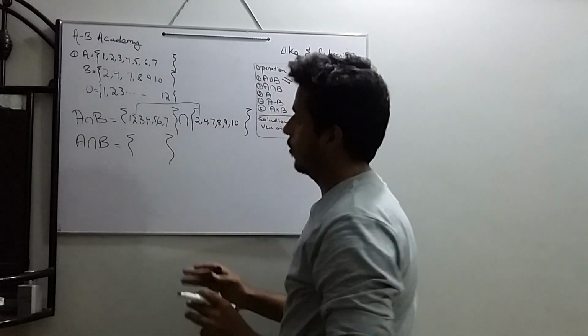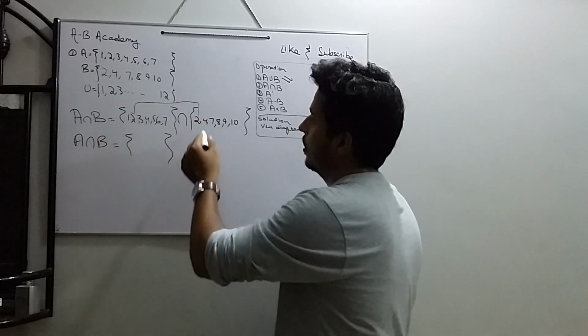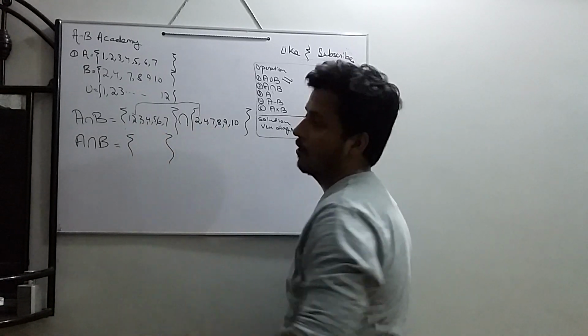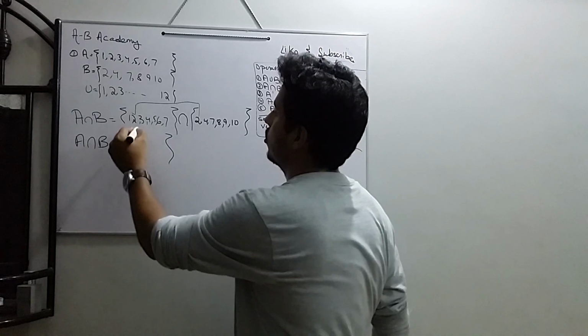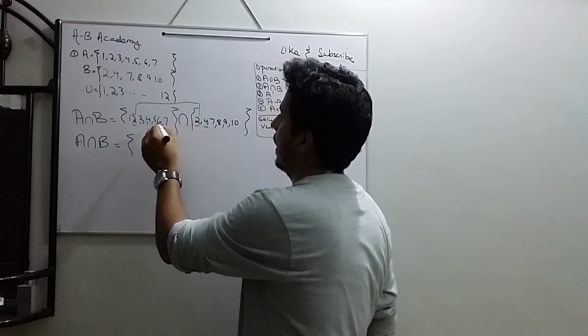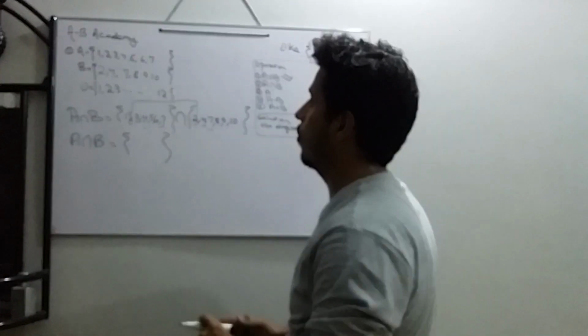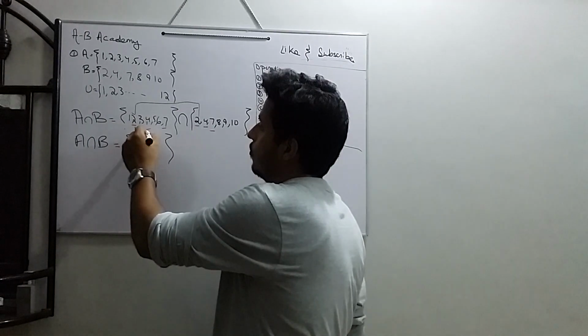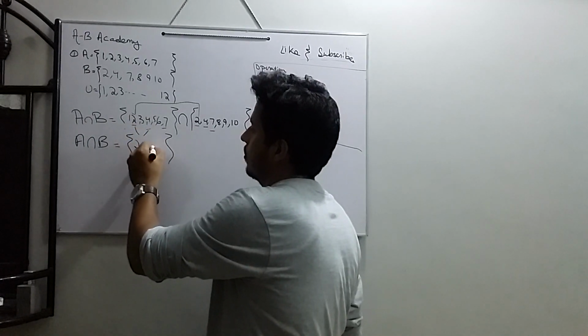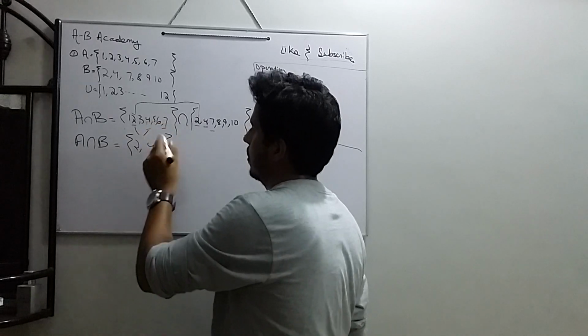Okay, now read with me the sets: 1, 2, 3, 4, 5, 6, 7, and 2, 4, 7, 8, 9, 10. You can see 2 is repeating, 4 is repeating, and 7 is repeating in both of the sets. Now what we have to do, we just have to write them down. 2, 4, 7.